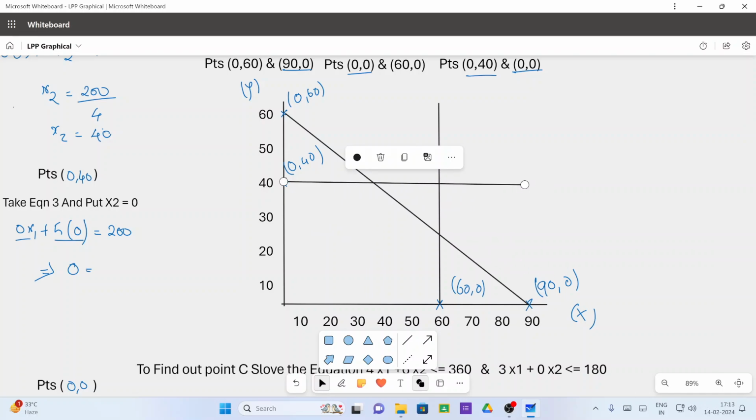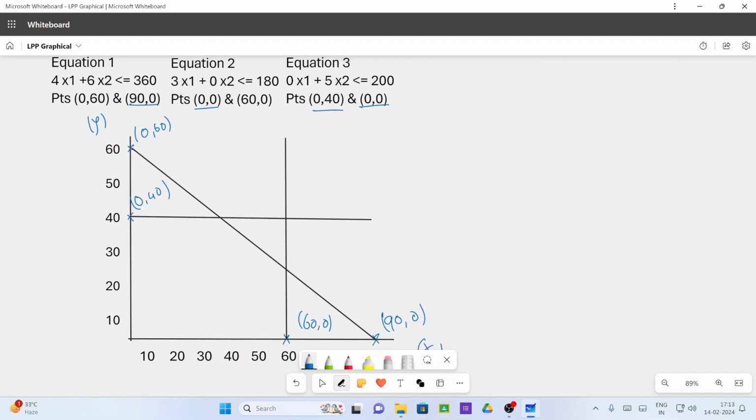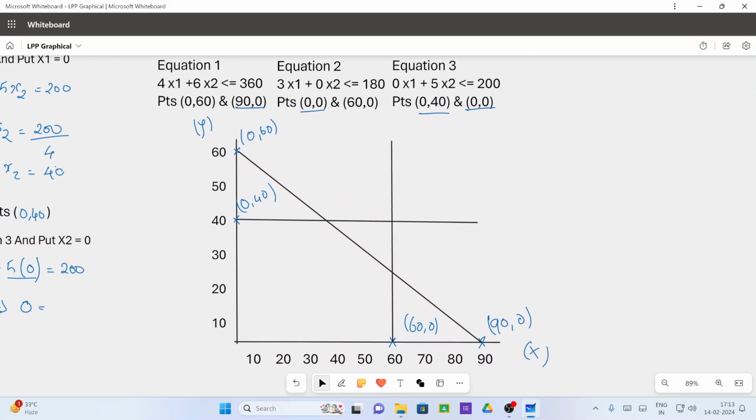Now the next step is we need to identify the feasible region, so where my answers are lying. That is going to be my feasible region. How am I going to find my feasible region? You have to notice what symbol is coming here.